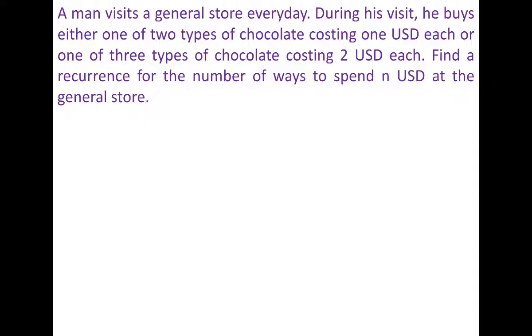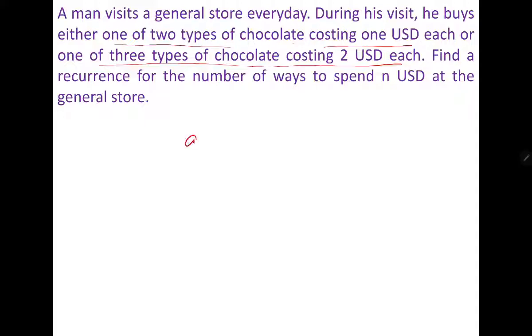A man visits a general store every day where he buys either one of two types of chocolates costing $1 or one of three types of chocolate costing $2. So there are only two choices: either he spends $1 or he spends $2.